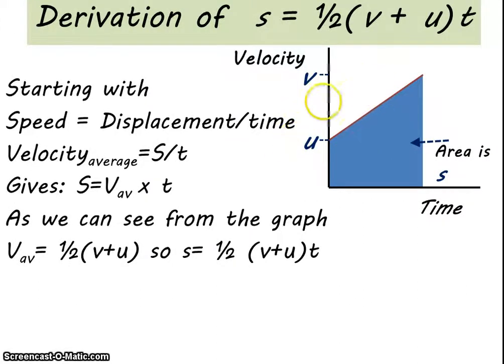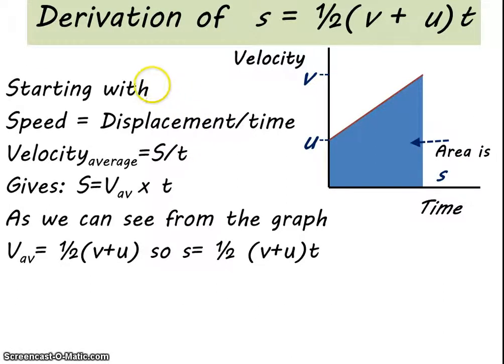So the area of this particular graph is the area of this part and the area of this part. The area of the average speed multiplied by time gives you the displacement.